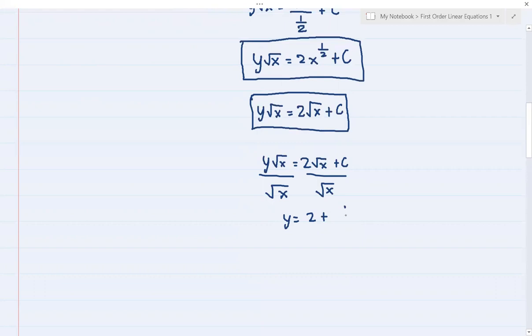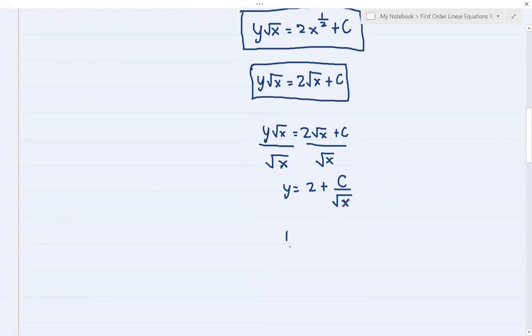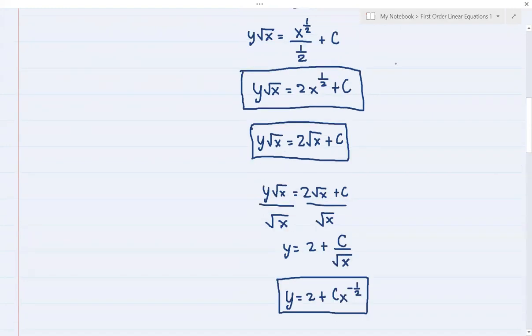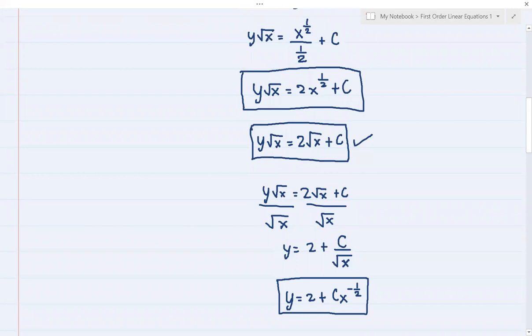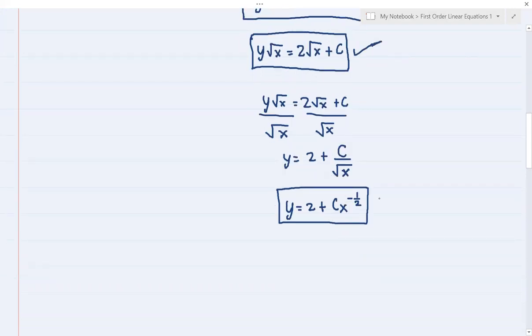Now, we can bring up the square root of x above, which would result in plus c times x raised to negative 1 half. You can either make this your final answer, but if you want an equation of y in terms of x, this would be your answer.